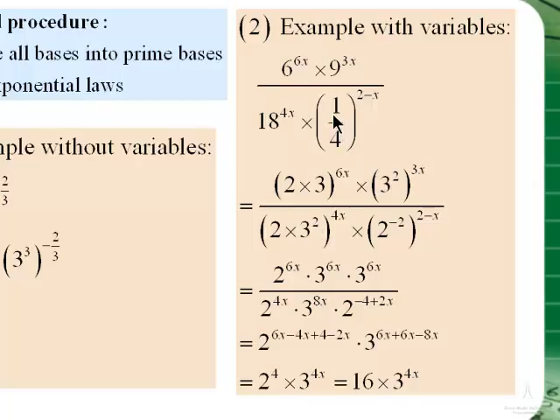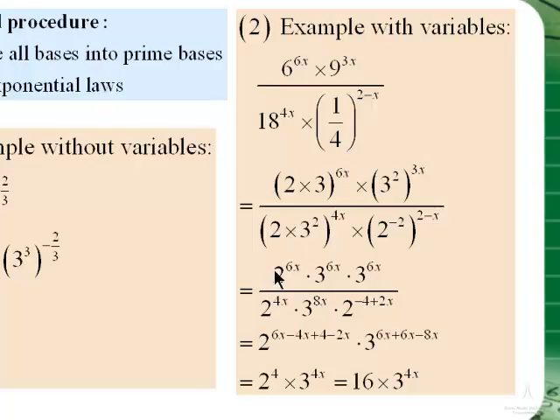You can write this as 1 over 2 to the power 2, which then becomes 2 to the power minus 2. Then remove the brackets simply by multiplying in the first bracket each of the exponents by 6.